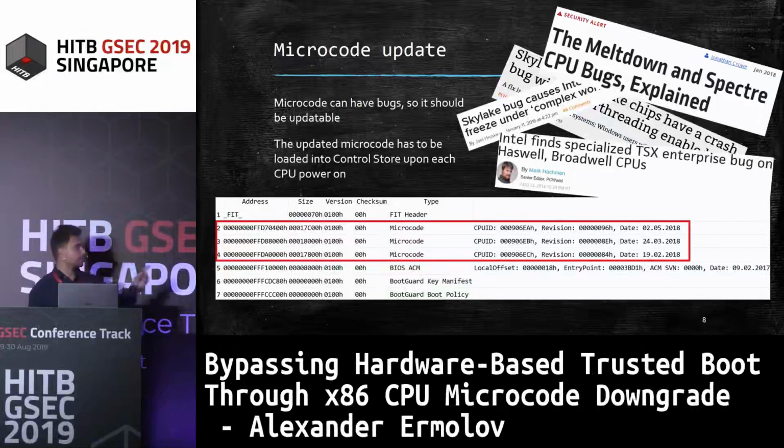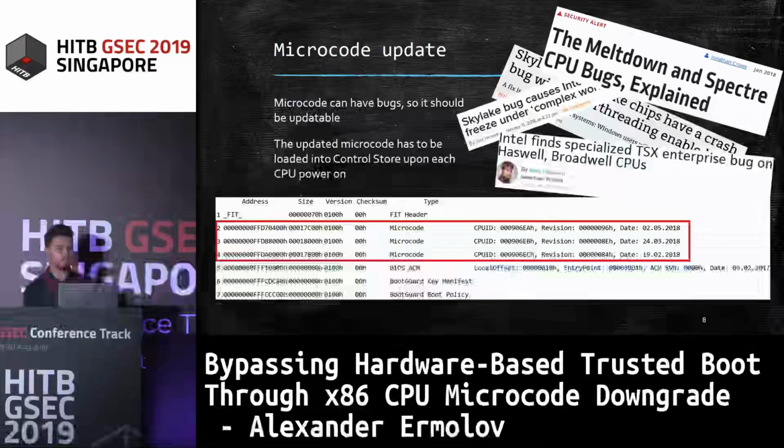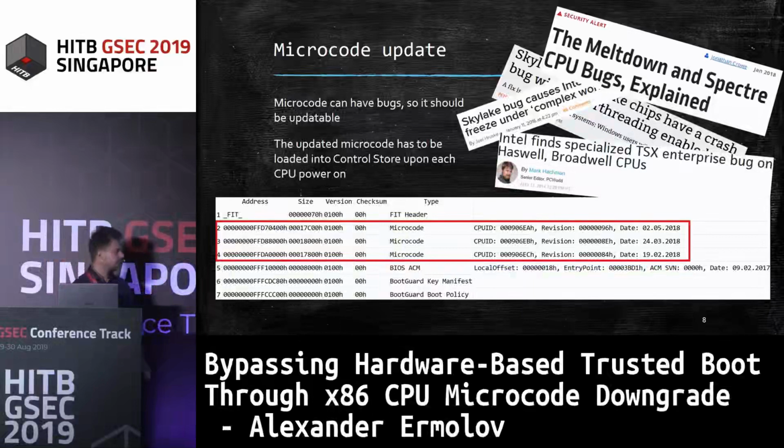To do that, there is a firmware interface table, which I've mentioned on this slide. The highlighted entries in this table point to the microcode updates for different CPUs. You can see that the CPU ID is different for each entry.